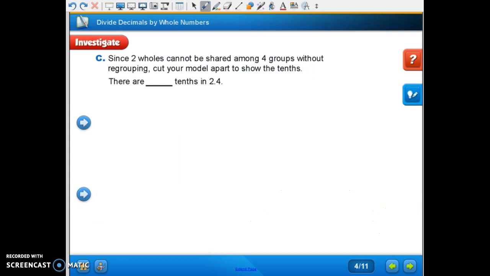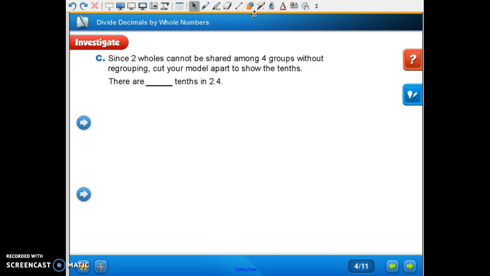Since 2 wholes cannot be shared among 4 groups without regrouping, cut your model apart to show the tenths. So go ahead now and cut your large squares into tenths.